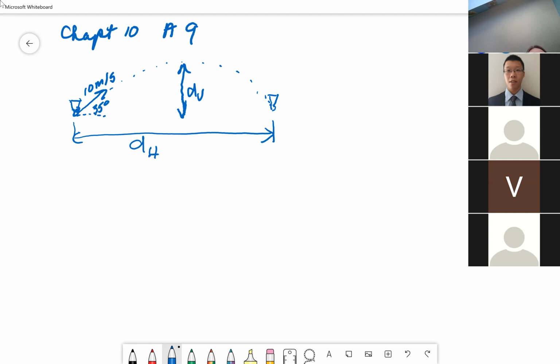Again, landing, the opponent's racket is at the same height as the first person's racket. So we know that the time in the air is going to be twice the time to the apex. So the first thing we need to do in this type of question is always to split our vertical velocity, or our velocity.